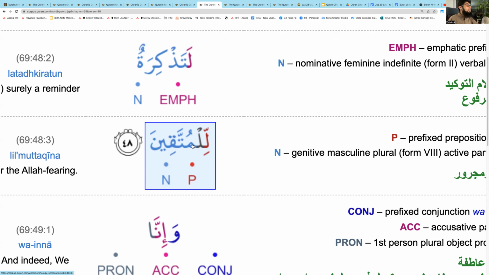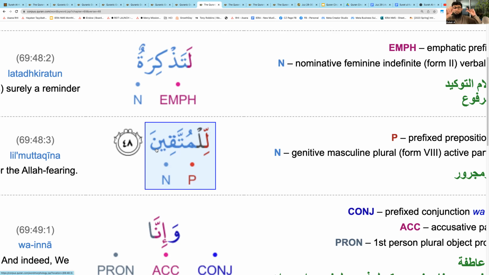Then you have meem. If you see a word which starts with a meem and ends with a ya noon or waw noon, that's a good sign that this is a pattern which means people who have the quality that's mentioned in the middle. I'll give you some examples. Muslimin, look.